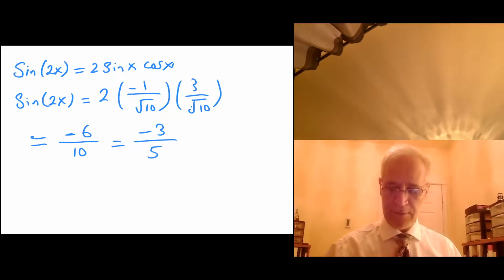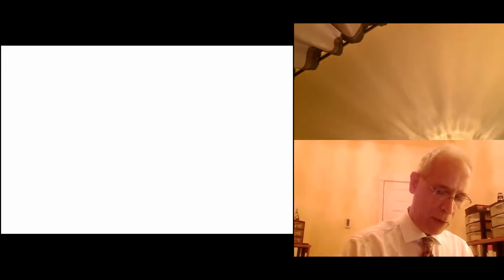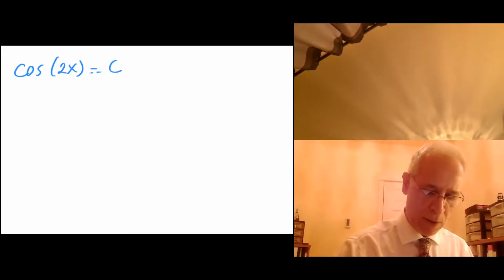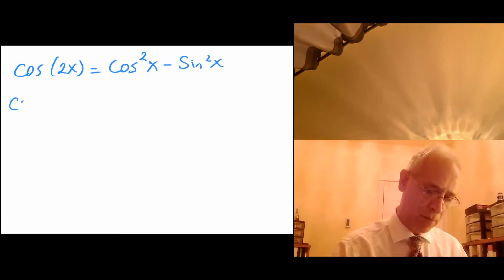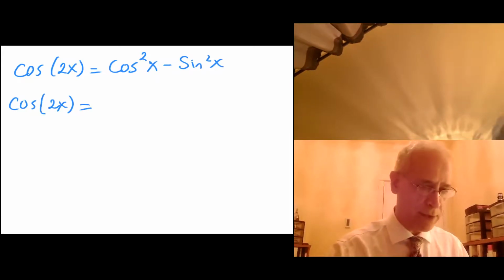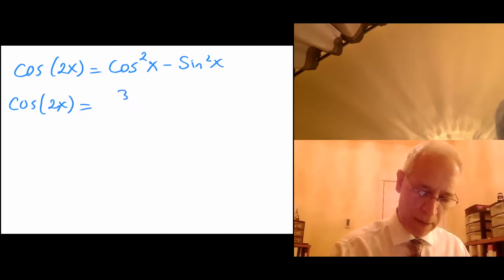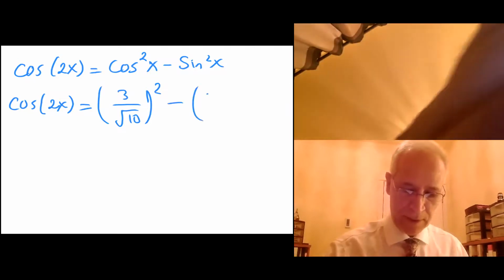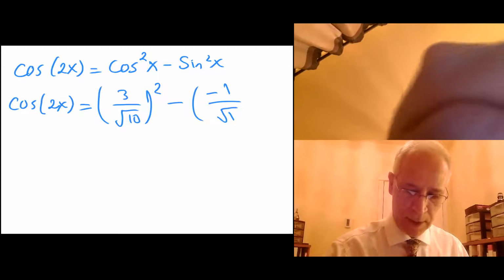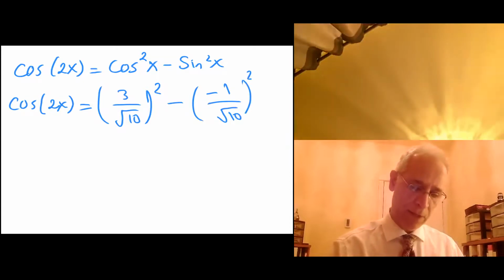How about cosine of 2x? Cosine of 2x equals cosine squared of x minus sine squared of x. So cosine of 2x equals, cosine was 3 over root 10, quantity squared minus sine squared of x, that was -1 over root 10 to the second power.